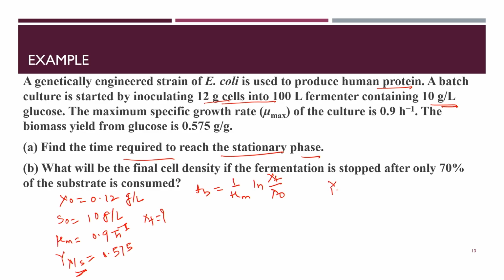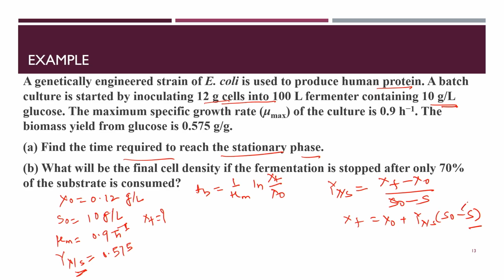What is given here is y x upon s, this equals xf minus x naught divided by s naught minus s, and if I rearrange this, xf becomes x naught plus y x upon s times s naught minus s.